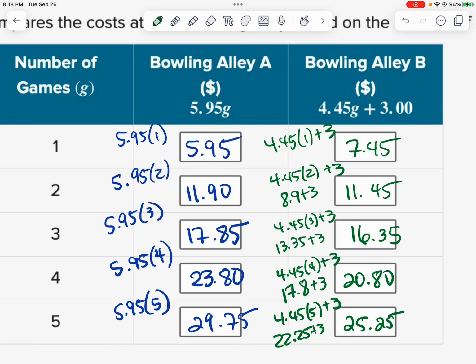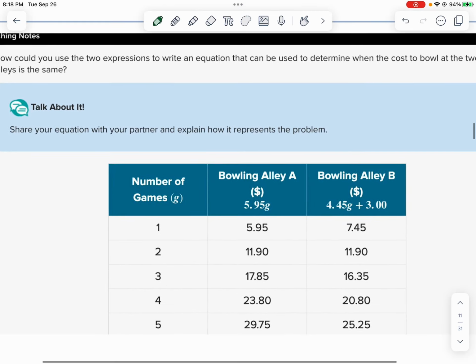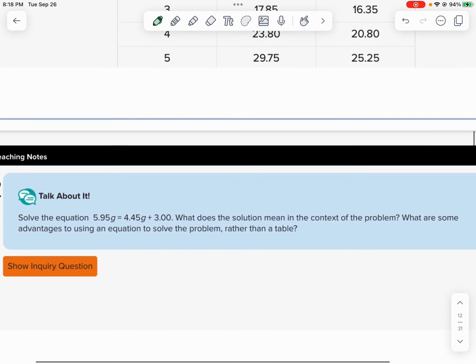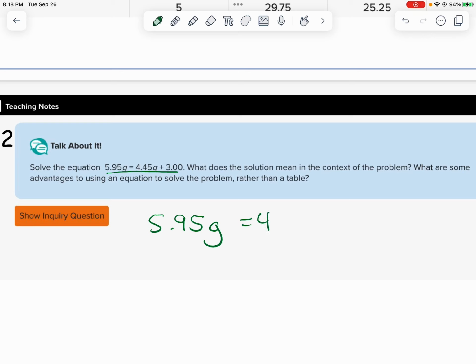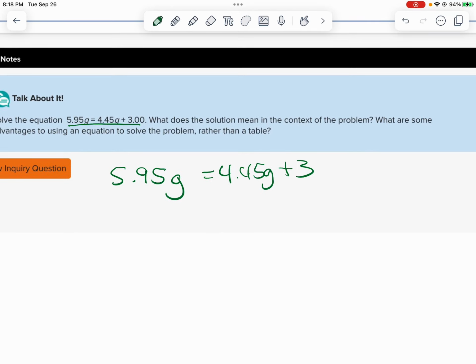Okay, so all we did was substitute in a number for the variable, and then multiply, and then add. So the question down here is, it's right here. It says solve the equation. So we're going to solve this equation right here: 5.95G equals 4.45G plus 3. Do you see that those are the exact same equations that we had above?